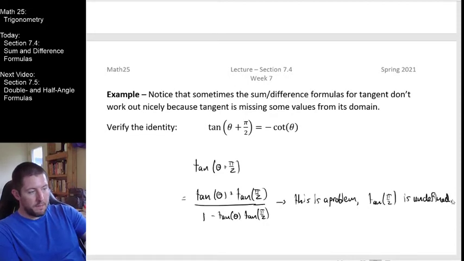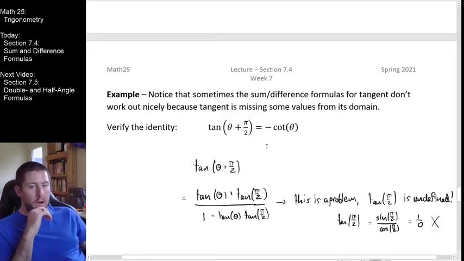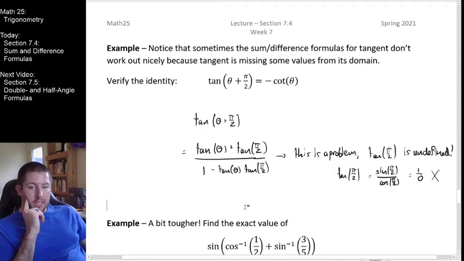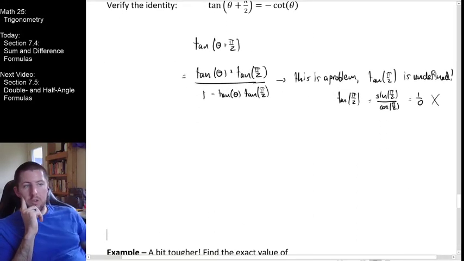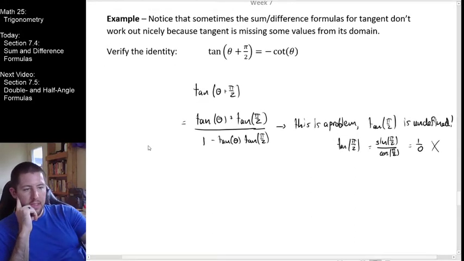It's undefined. Tangent of pi halves is sine of pi halves over cosine of pi halves, which is 1 over 0. Put a big X next to that. Can't divide by 0. So it looks like we don't have a way to directly use the sum formula to evaluate this.